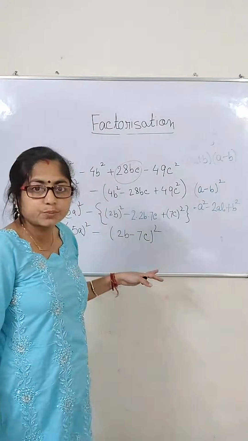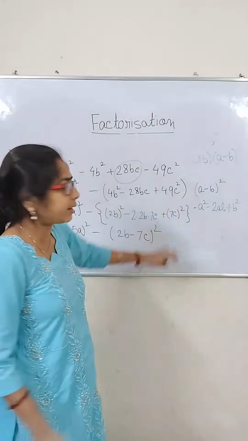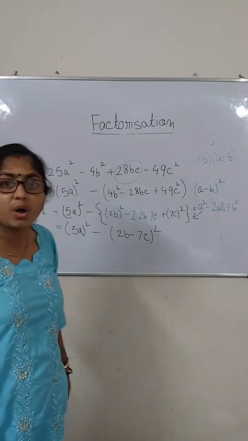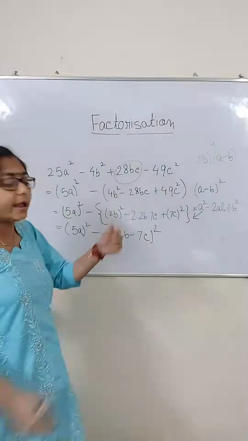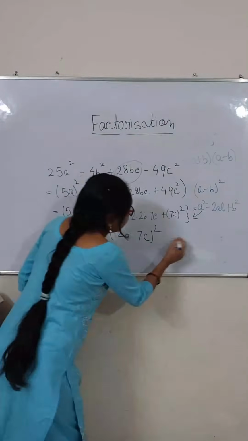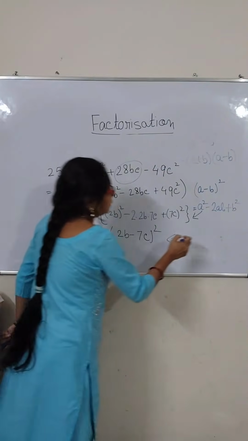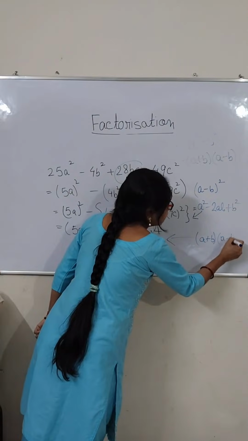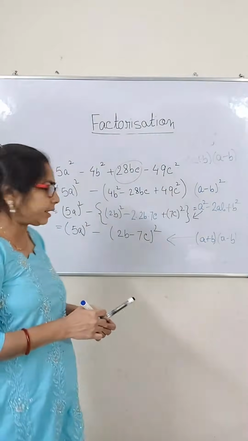Clear up to this point? I use one formula here, a minus b whole square. Now I apply another formula here: a plus b and a minus b.